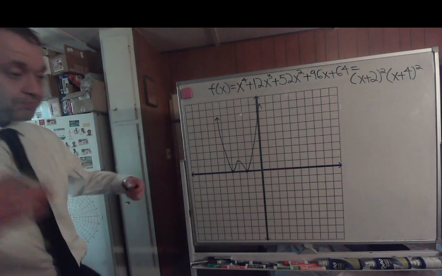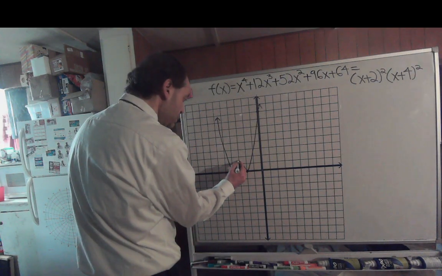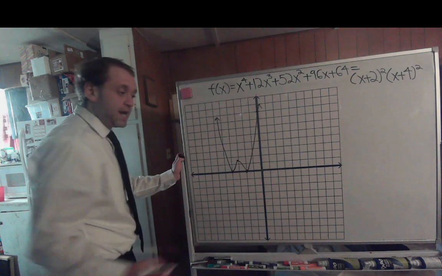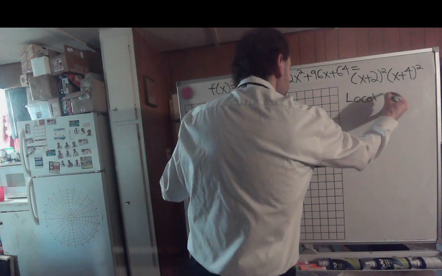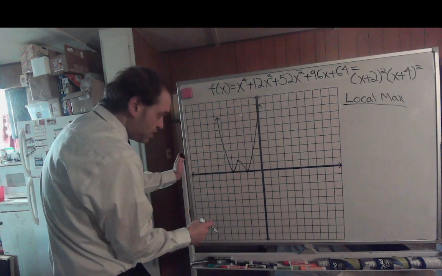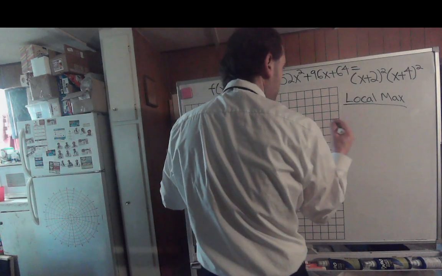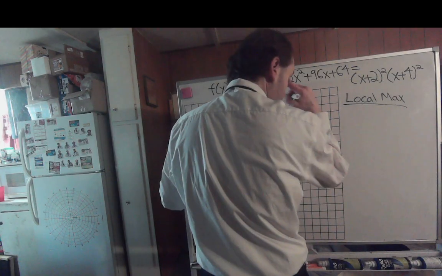So let's go ahead now and take our local maxes and mins. We have about only one max. So the local max is going to be right about here, which would put you at about -3 1/4, so that'd be about -13/4.